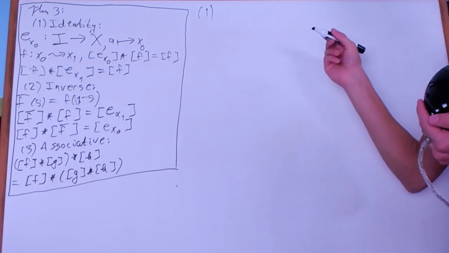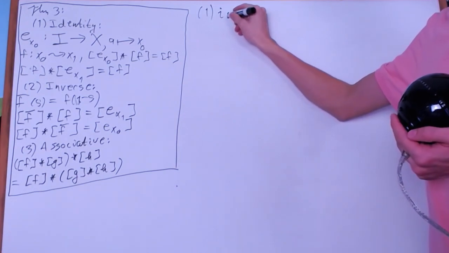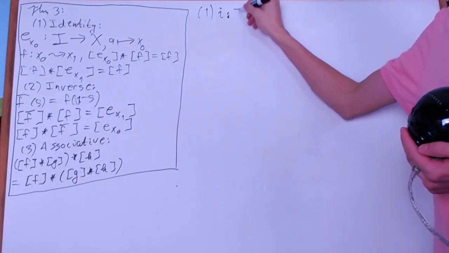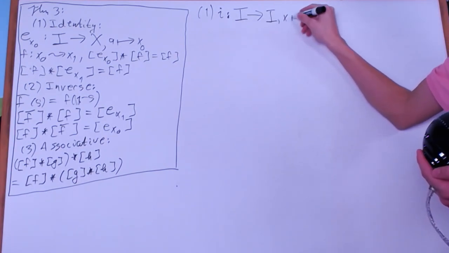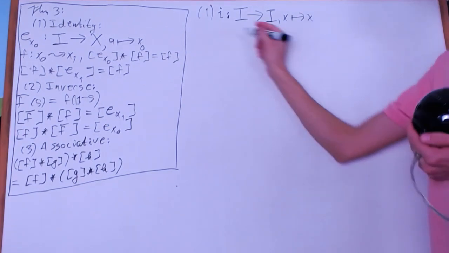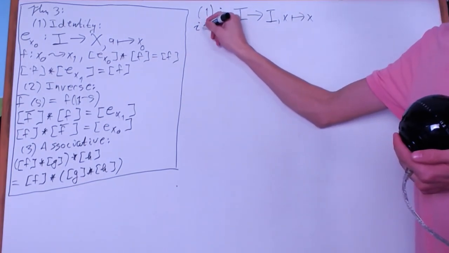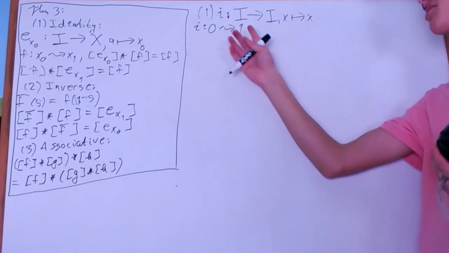Now the way I'll prove it is by using what is called the identity curve, or the identity path, which will be a function from the interval to itself, which is just the identity on the interval. Now a way to look at this identity function is as a path from 0 to 1, because it starts at 0, ends at 1.